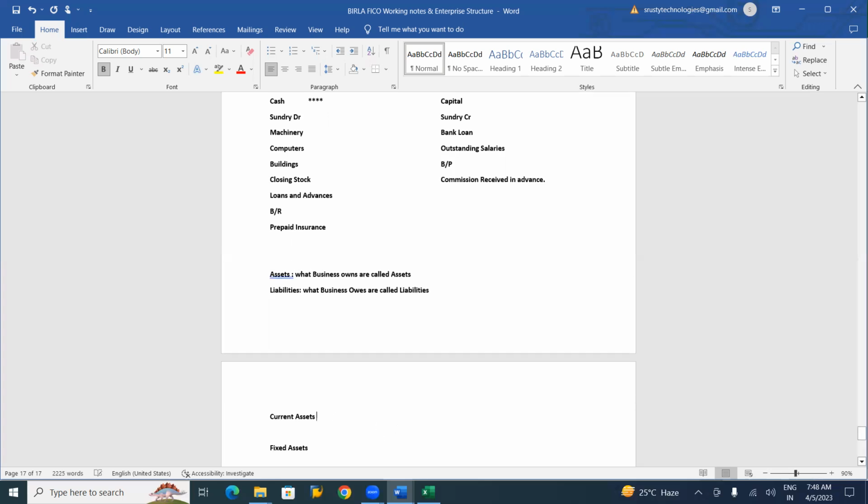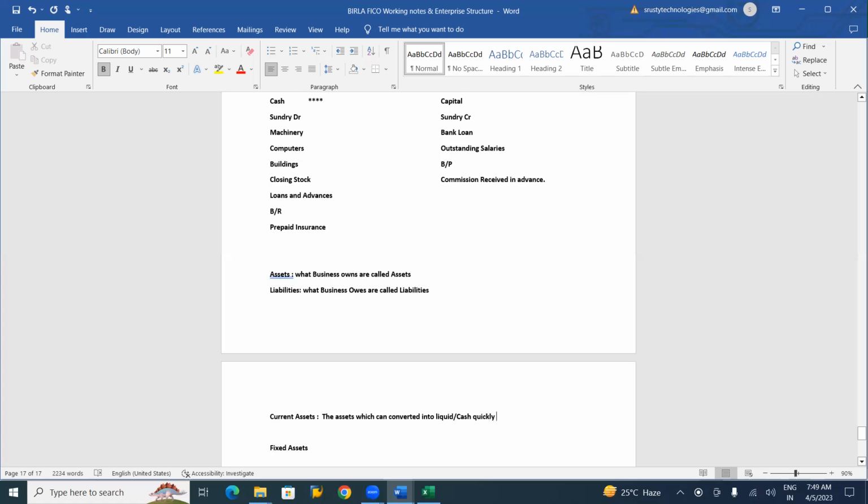So what do you mean by current assets and fixed assets? Everybody knows, but still I'll reiterate. Current assets are nothing but the assets which can be converted into liquid, in the sense cash, quickly.